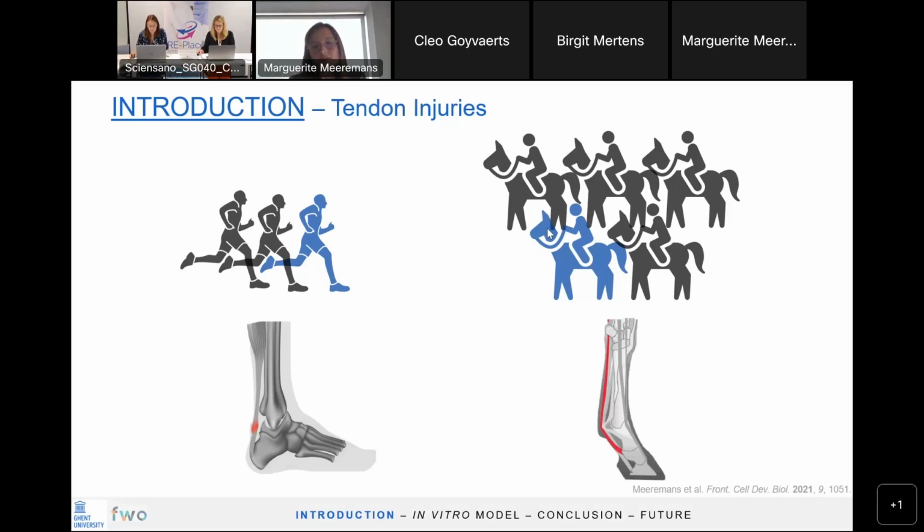These tendon injuries can occur suddenly in healthy tendon, but more frequently there's a chronic degenerative process, and therefore the tendons are more vulnerable to little overstrain injuries. Due to the similarities in function, structure and pathophysiology, the equine superficial flexor tendon is the best animal model at this moment for human Achilles tendon injuries.